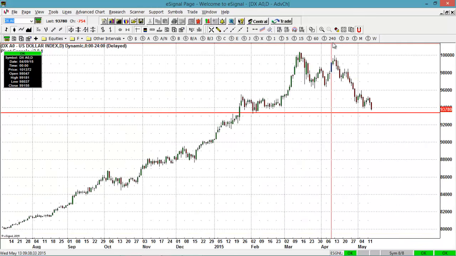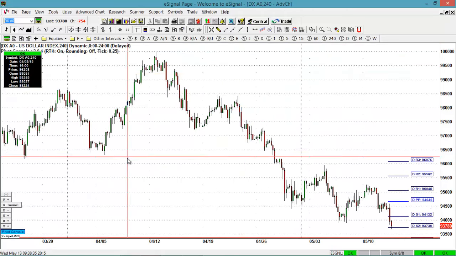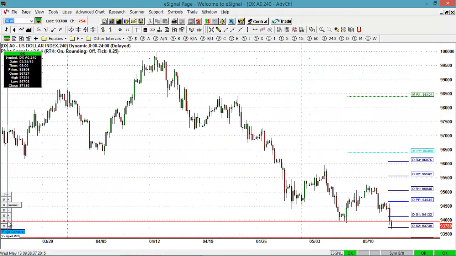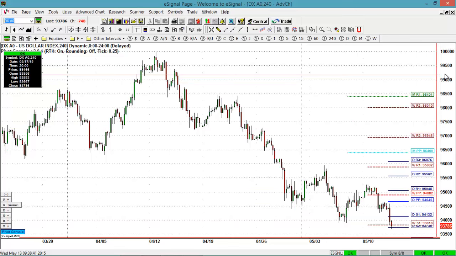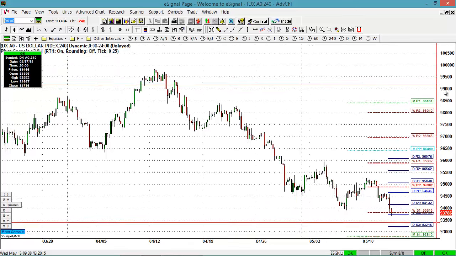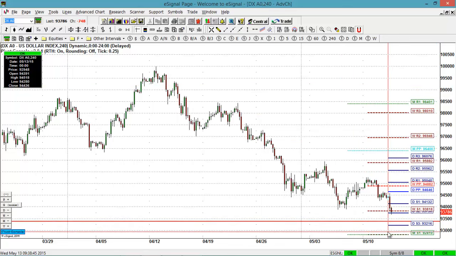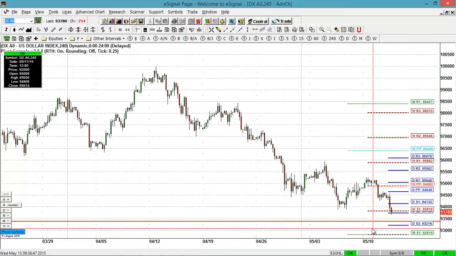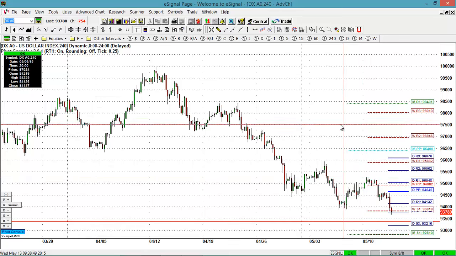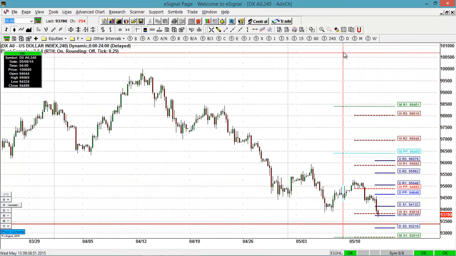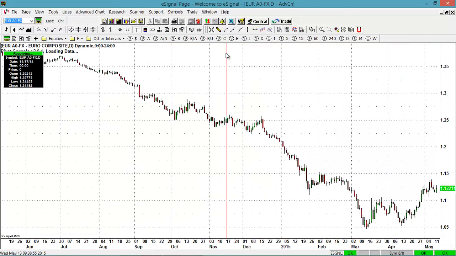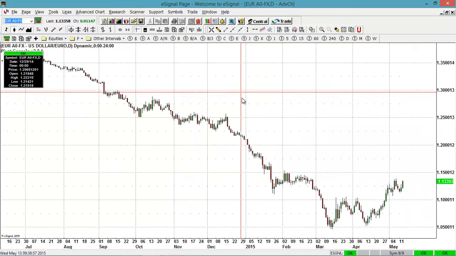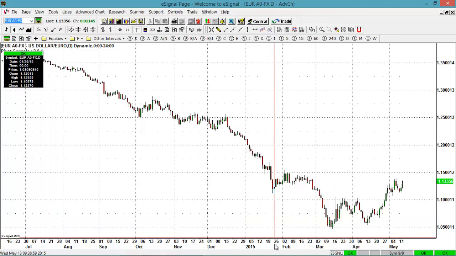Keep in mind also that we are basically at the weekly S1 support point, and just below the area of support is the monthly S1 pivot point support. So we should keep that in mind for this dollar decline.